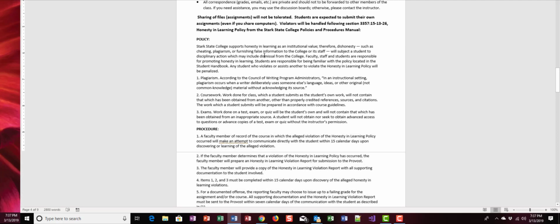If I find you violate this policy by using someone else's work, plagiarizing something from the internet, or in any other way using somebody else's language, ideas, or material, I am required to submit paperwork to the provost, an academic dishonesty document, which I will fill out and you will have to sign.